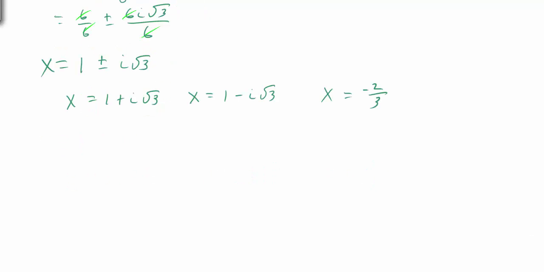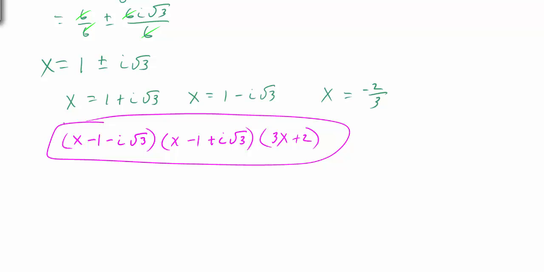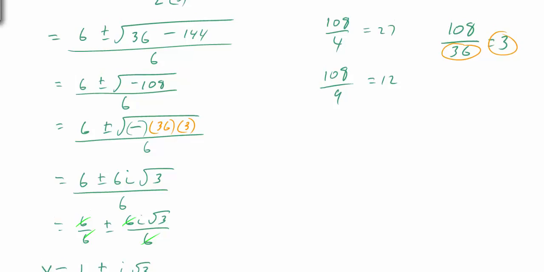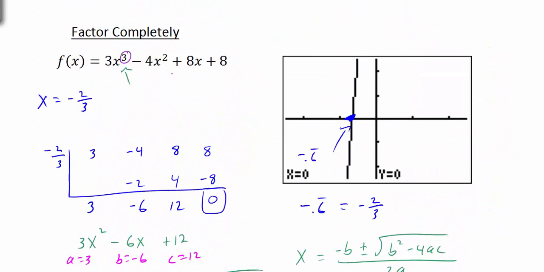Now remember, we're trying to factor, so that means the factors must be x minus 1 minus i square root of 3, x minus 1 plus i square root of 3, and then over here multiply by the 3, so that's a 3x, add the 2, so that becomes a positive 2, so we have 3x plus 2. So here we have completely factored the polynomial function. And once again, if you were to multiply the 3 factors out, you would come up with the original polynomial.